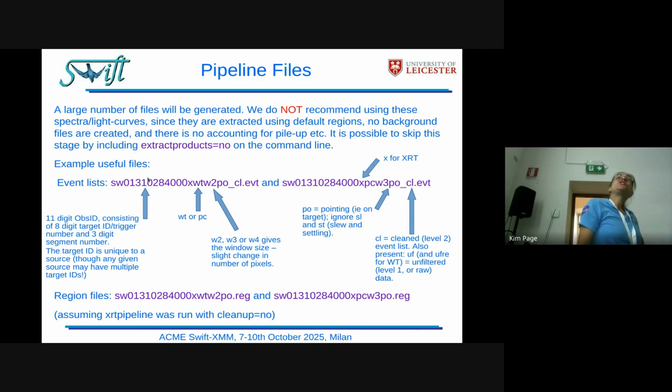So that's all that. 11 digits is the OBS ID, 8 digits is the target ID, 3 digits is the segment number. We then, for an XRT observation, it will then be followed with an S. If it's UVOT, as we will see after the coffee break, it's a U, and it's B for that. It's all fairly logical. You then have 2 letters that show you which mode you're in. So these days, it's going to be WT for window timing mode or PC for photon counting mode.